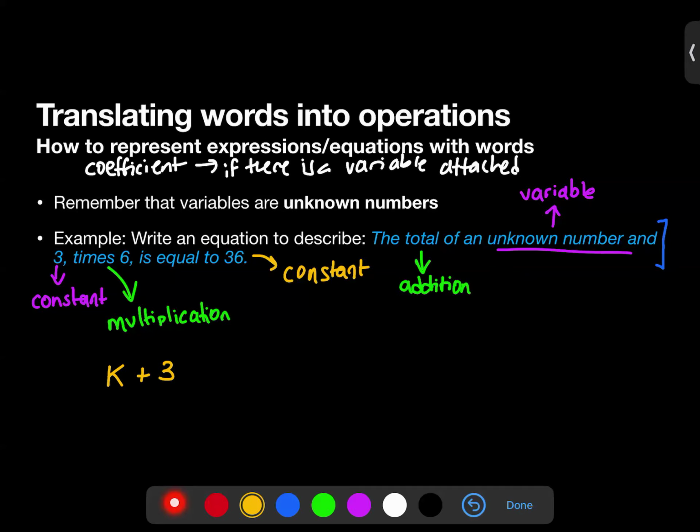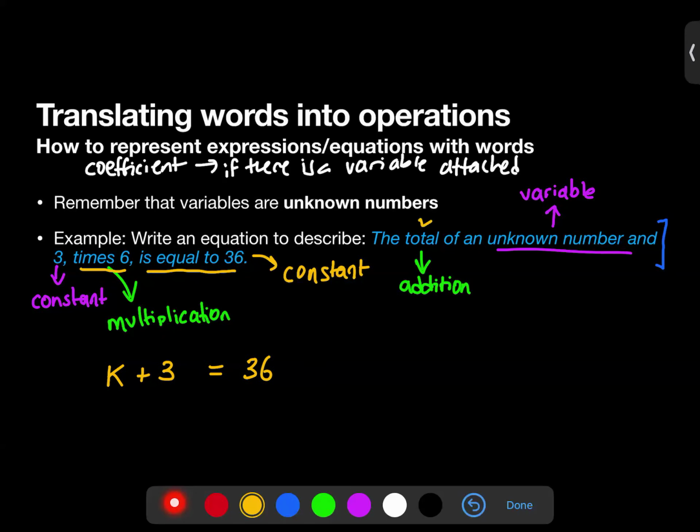Now, what else do we have? We have times 6 and equal to 36. So we'll add our equal sign to make it easy, and we'll add our 36. So everything on this side of the equation should be equal to 36.